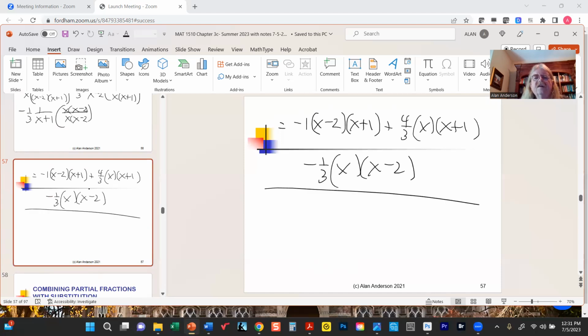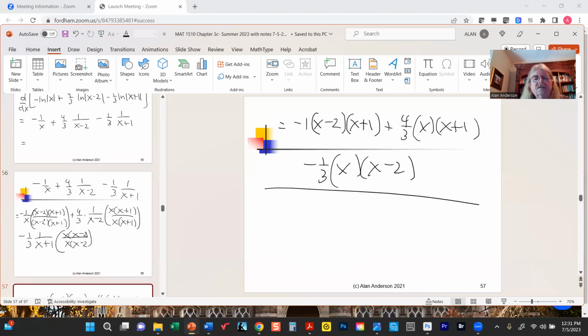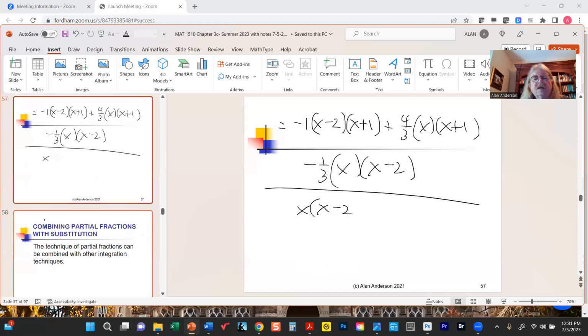Now, all of that will be divided by x minus 2, x plus 1, which was the original equation.